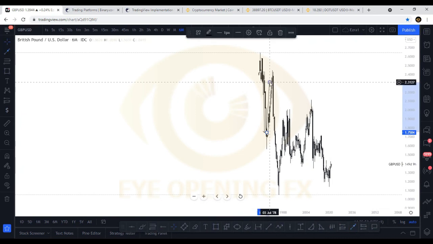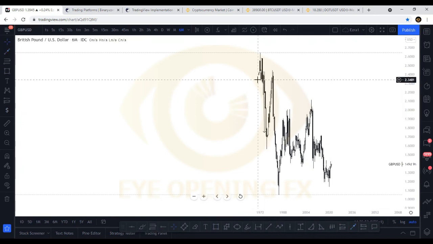So this shows that we are on a downtrend, because momentum is to the downside. This is the idea of momentum.